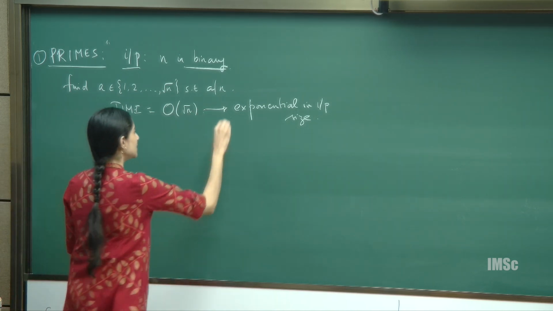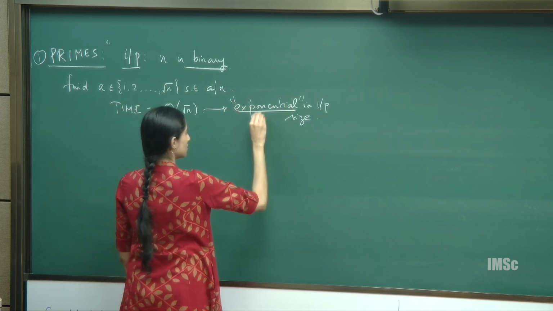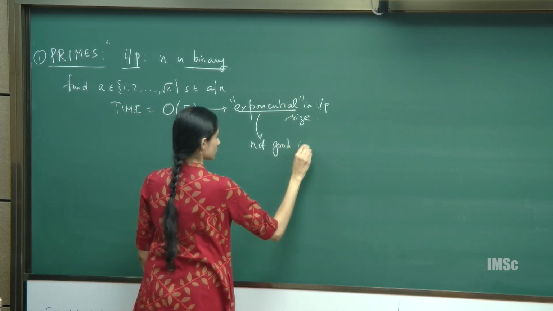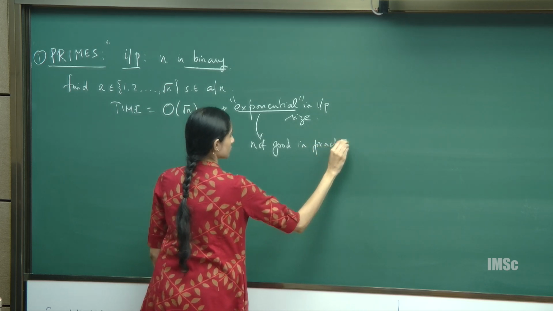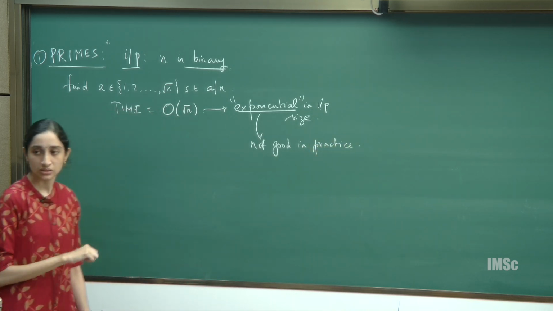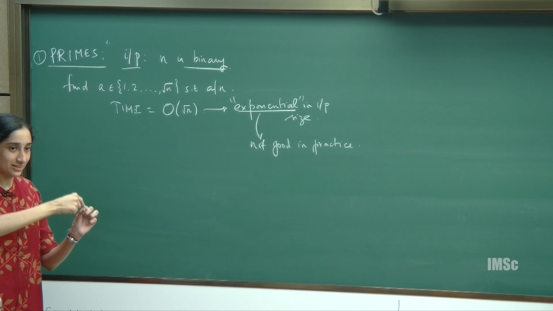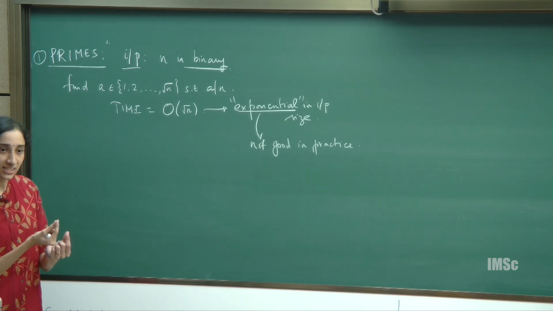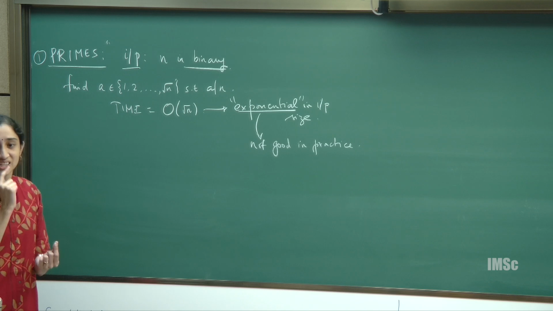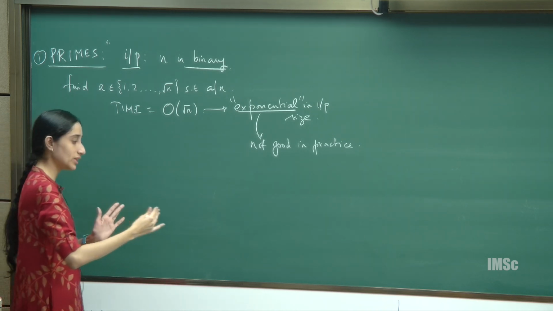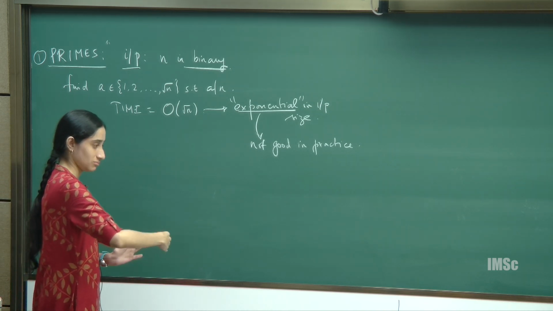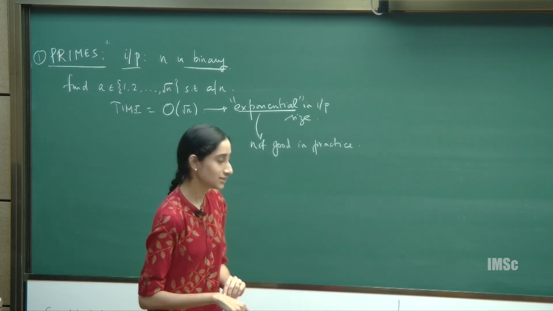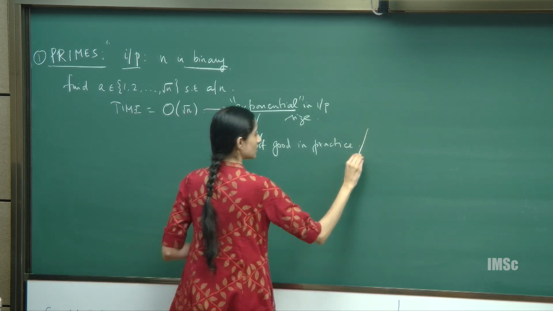And exponential is not good in practice. So if you look at the way e power x grows, even with small changes in x, e power x is going to grow much faster than x. So as the input increases, the running time becomes drastically large in the input. So this algorithm is not efficient.